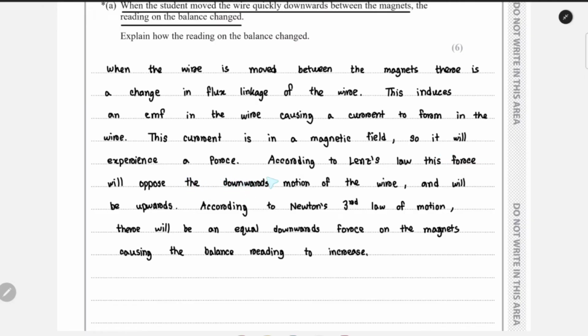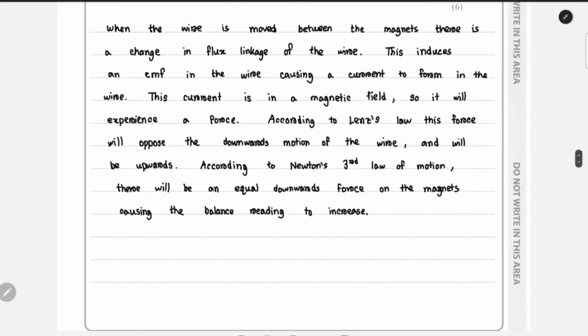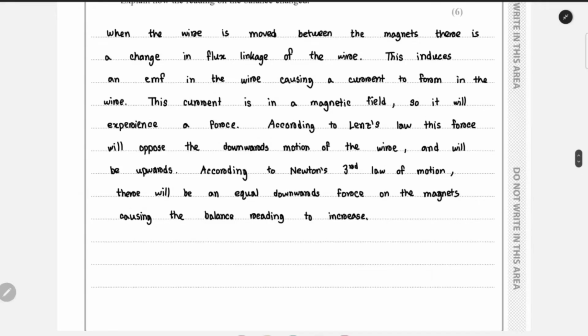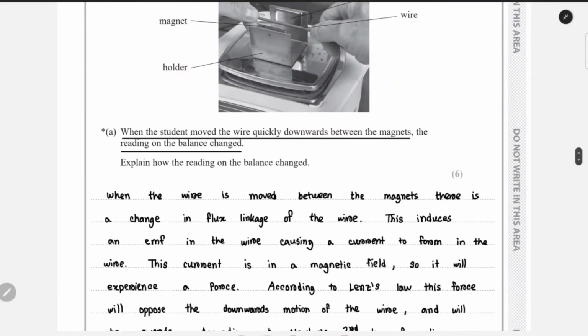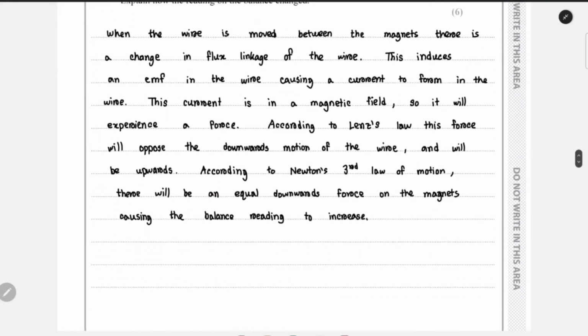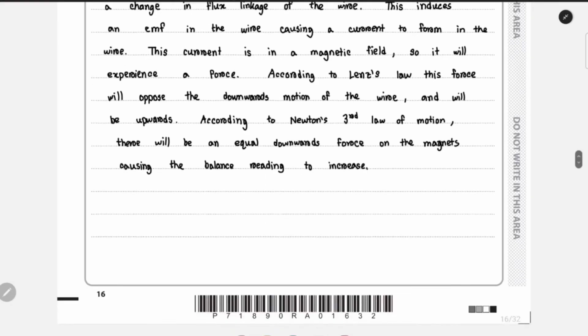This will oppose the downwards motion of the wire. And then we can apply Newton's third law of motion, saying that there will be an equal downward force on the permanent magnets, causing the balance reading to increase, since the balance reading will now give the value of the weight plus this additional downward force.